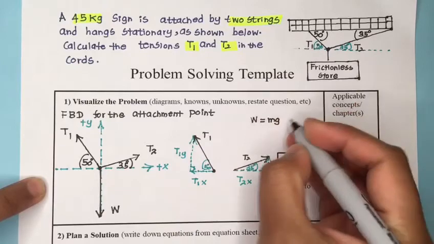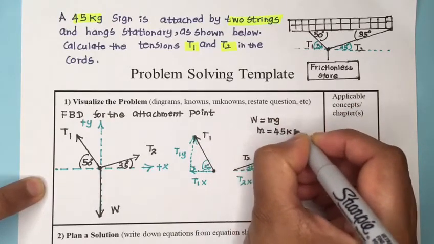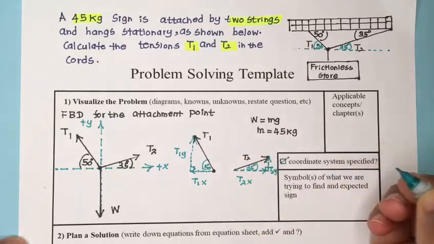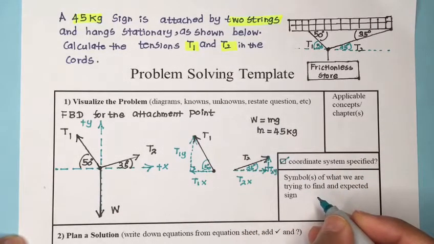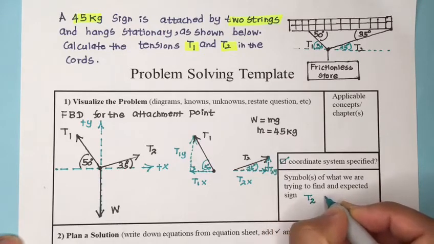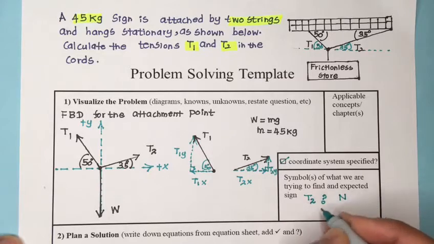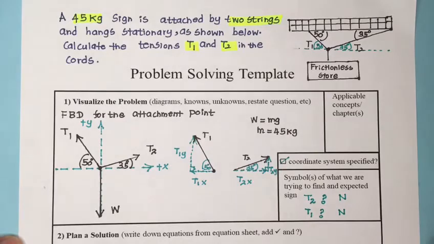Now let's look at the knowns and unknowns. We do know the weight is equal to mg, and the mass of this sign is 45 kilograms. So we have defined the coordinates, right as positive, up as positive, and we are trying to solve for tension 2. Tension is a force, the unit is newtons, and tension 1, again a force, unit is newtons.